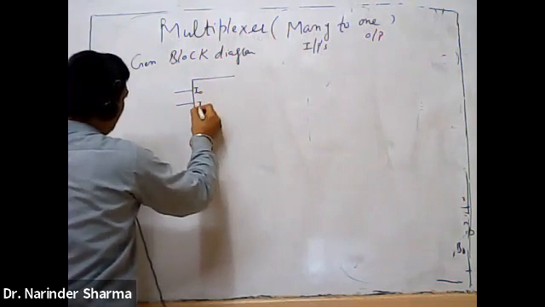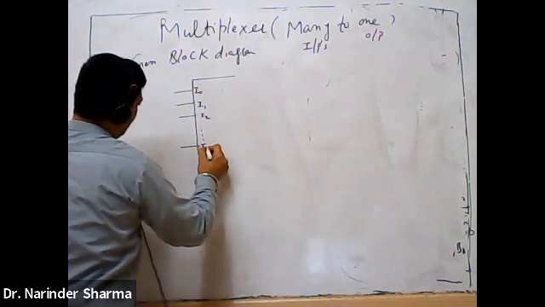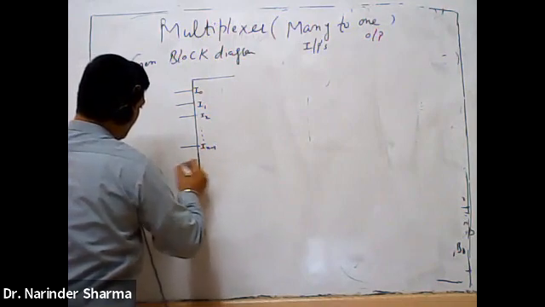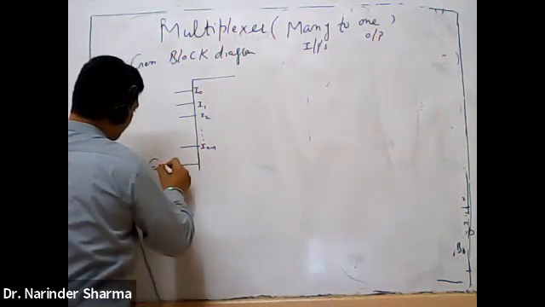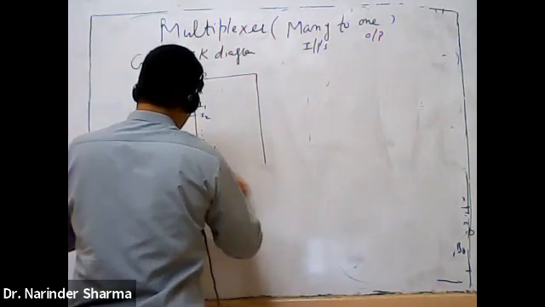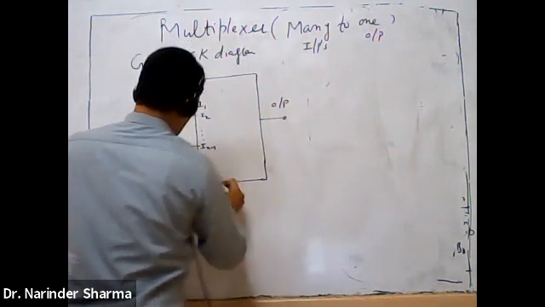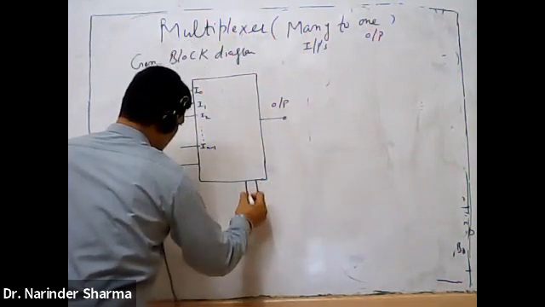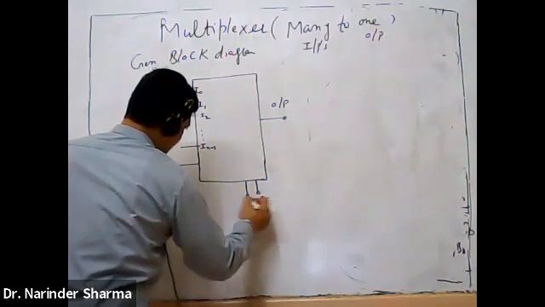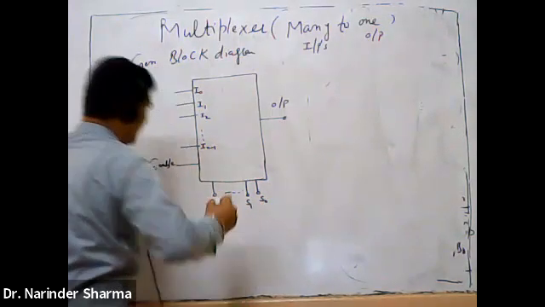I0, I1, I2 goes up to I N minus 1. This is enable. There is an output. S0, S1 goes up to S m minus 1.